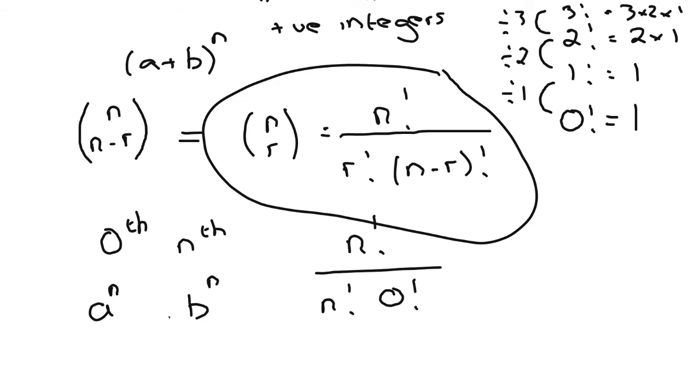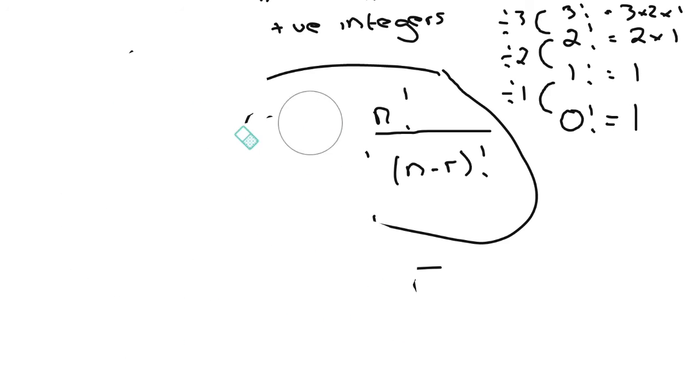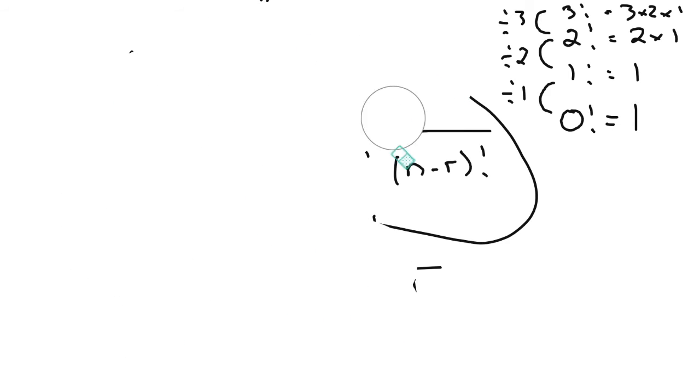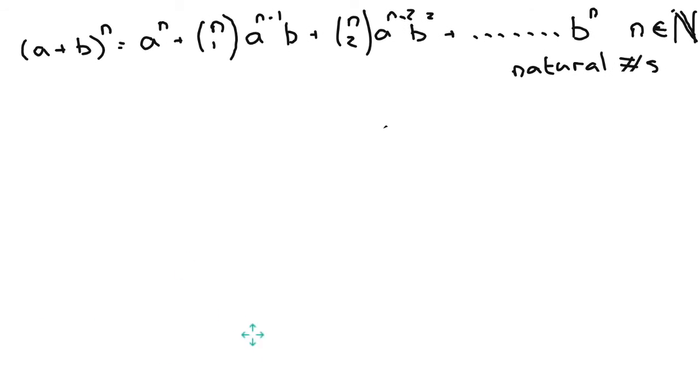Okay then, so let's do another example. So let's clear some of this off, and let me just move this over. So let's do an example. This is where we were, we had this.